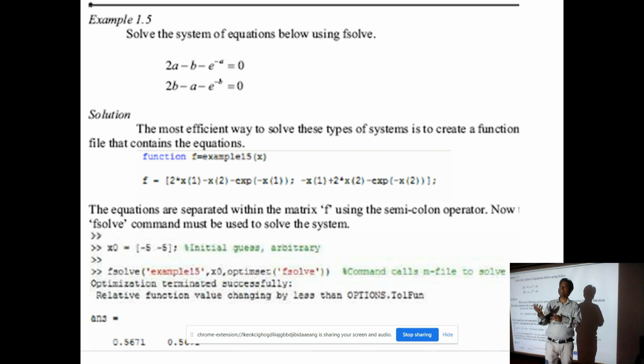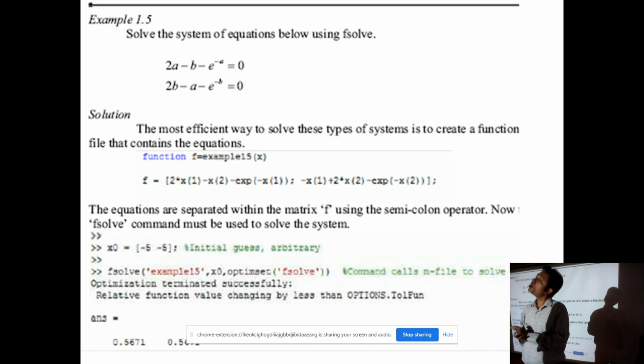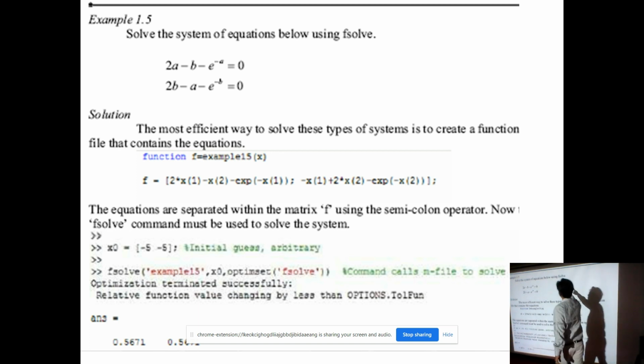Exponential terms, sine, trigonometric functions, logarithmic functions. That means non-linear equations. For nonlinear equations, I told you that you can use fsolve.